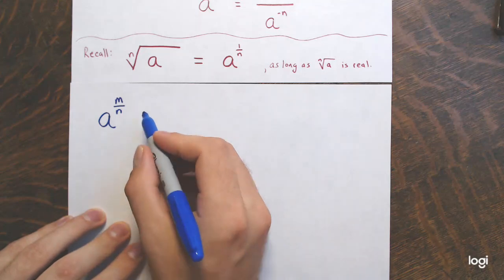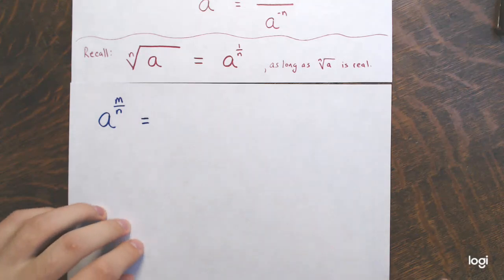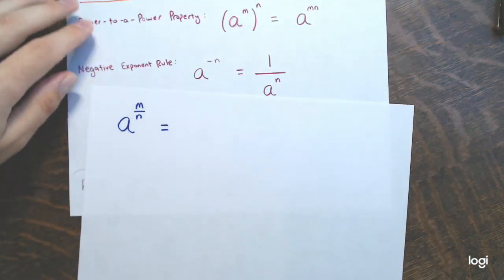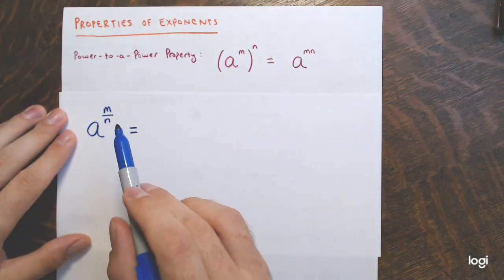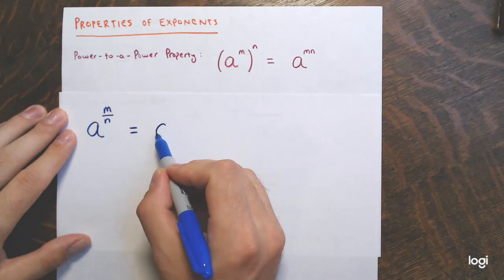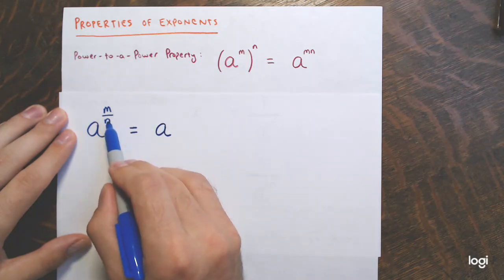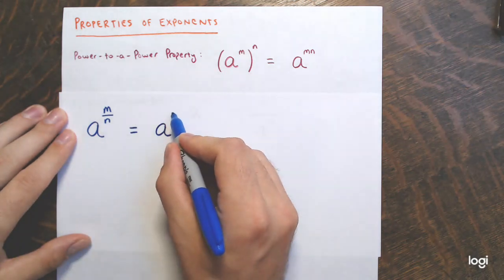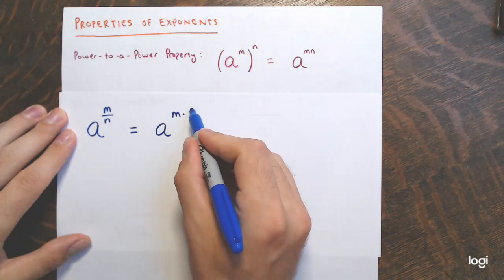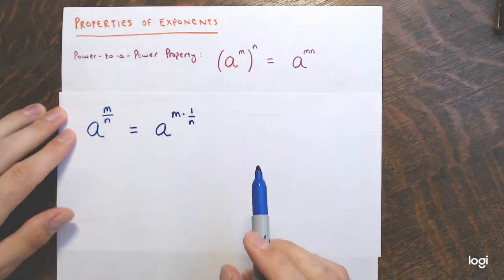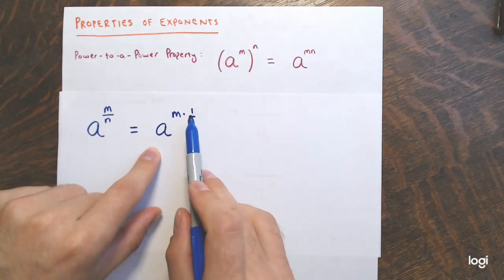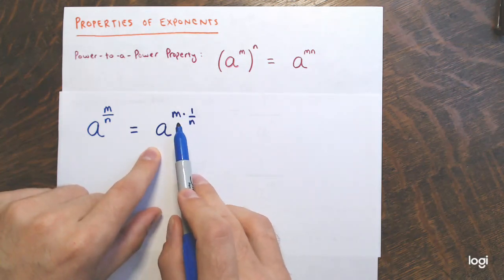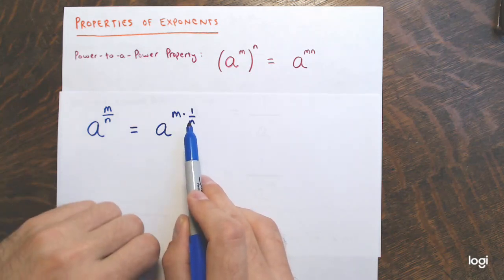We can think of this, going back to that power to a power property, you can think of m divided by n as m times 1 over n, can't you? Remember this is like m over 1 times 1 over n, and when you multiply two fractions, you just multiply the numerators, multiply the denominators. This would be m in the numerator and n in the denominator. So these are the same.